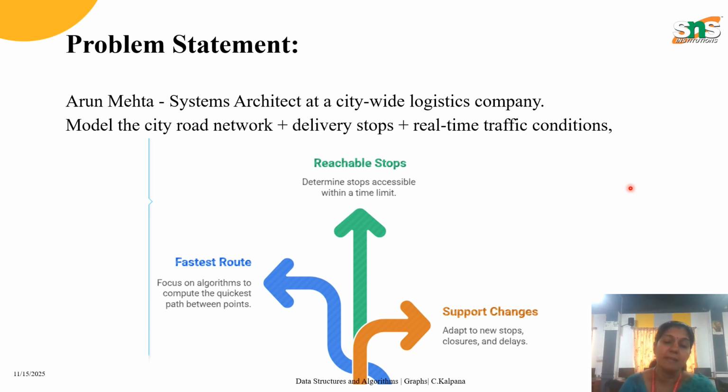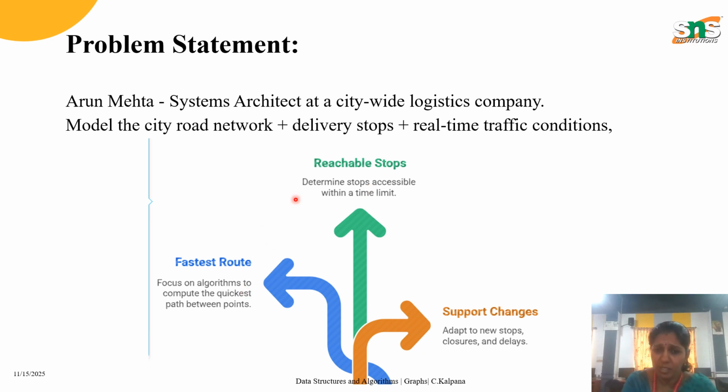So the main thing is he needs to design a city road network, and the delivery spots he needs to identify and handle, and also the real-time traffic condition updates he needs to have. Based on that only he can divert and he can route the things. So that is the main task given to Arun Mehta.